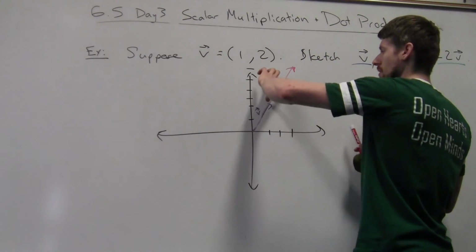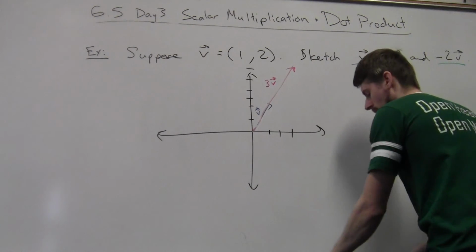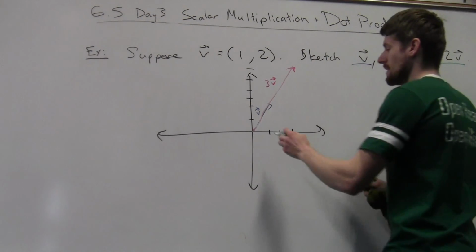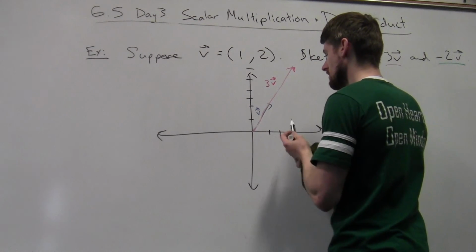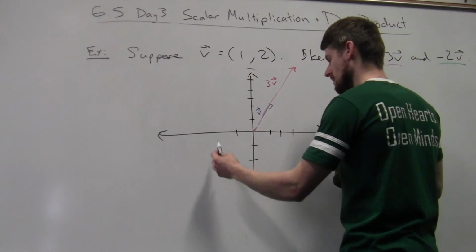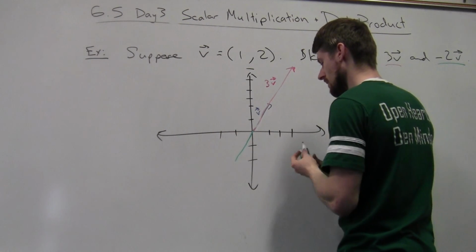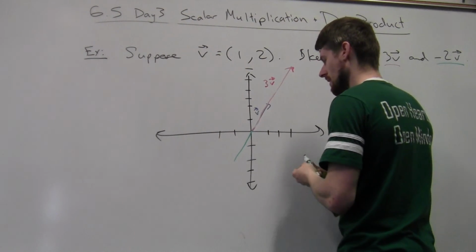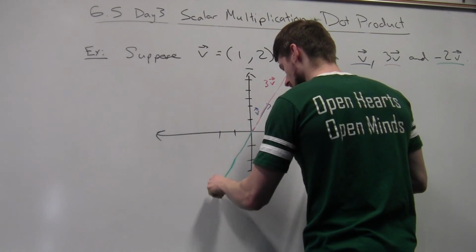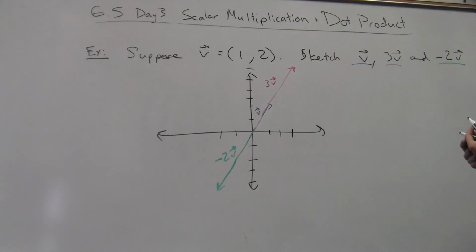So you can see that this arrow and then this arrow and this arrow all add up to the same length. There's 3 of them. And then negative 2v would be pointed in the opposite direction. So let's draw that vector. Opposite direction means we're going down and left. And this would be going negative 1v, so I need to go down and left again. This is negative 2v. And so what are the coordinates for the other vectors 3v and negative 2v?